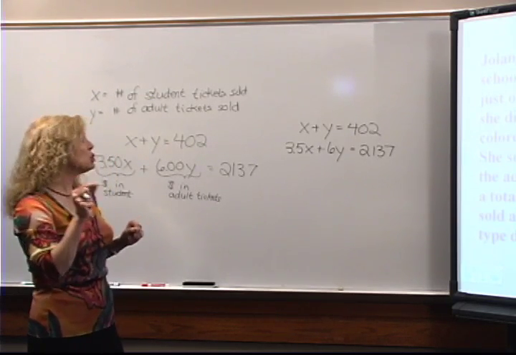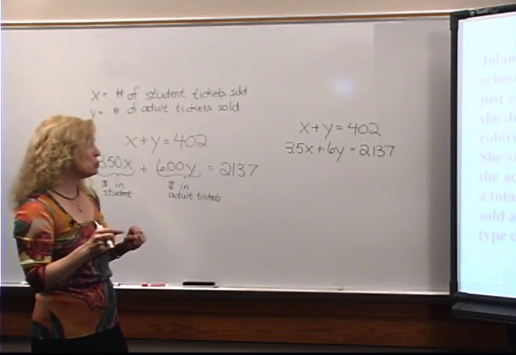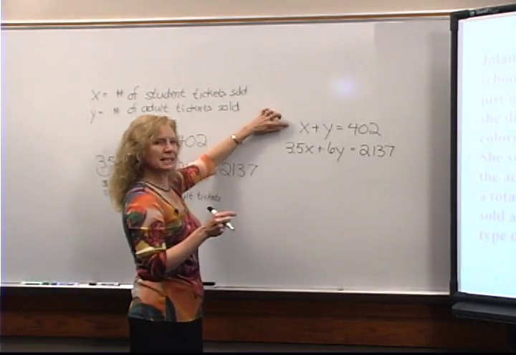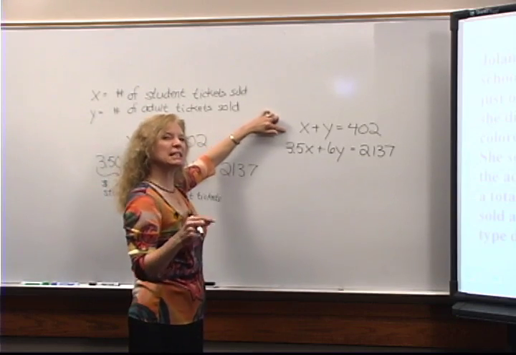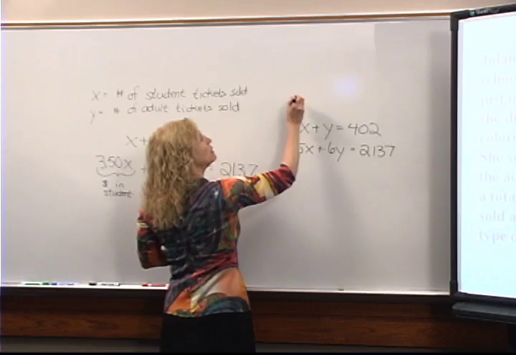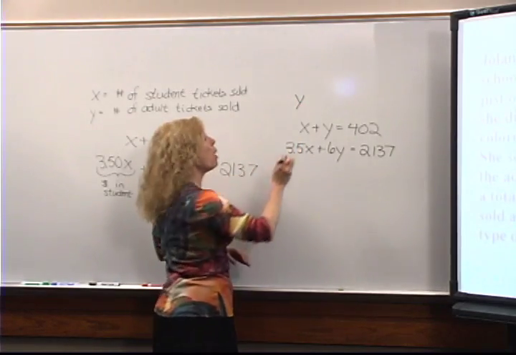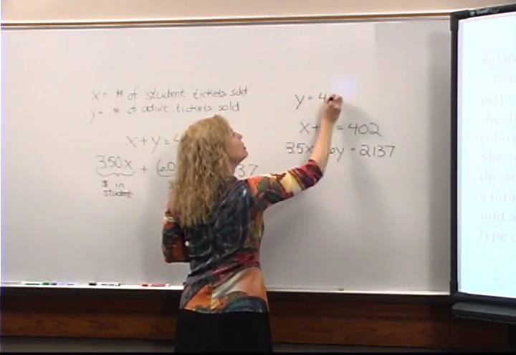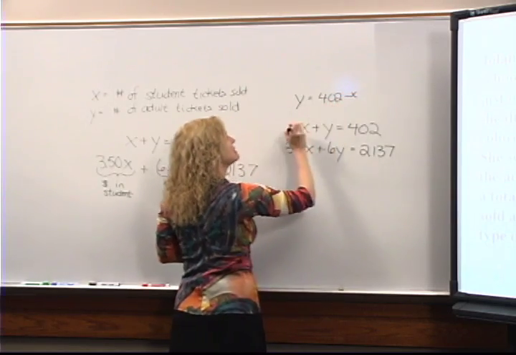Well, one very good way is to use what's called substitution. What I can do is go to this equation because it's my easier equation, and I might say, well, I can see that y will equal 402 minus x.